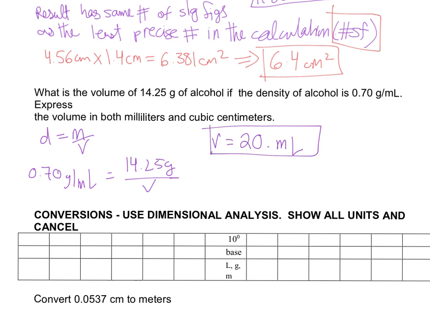It also wants the answer in cubic centimeters, so we're going to say we have 20.0 milliliters, then put milliliters on the bottom, centimeters cubed on top. 1 milliliter is equivalent to 1 centimeter cubed, that's by definition. And so that's 20.0, that does not limit your sig figs. Centimeters cubed.